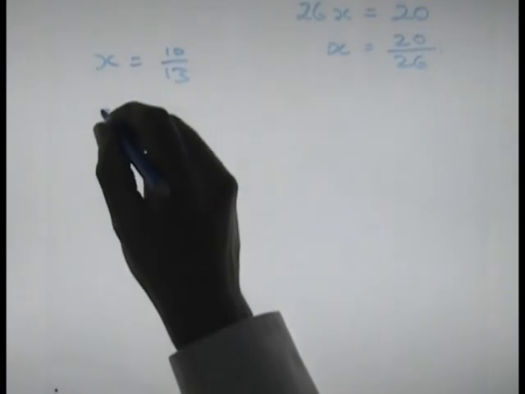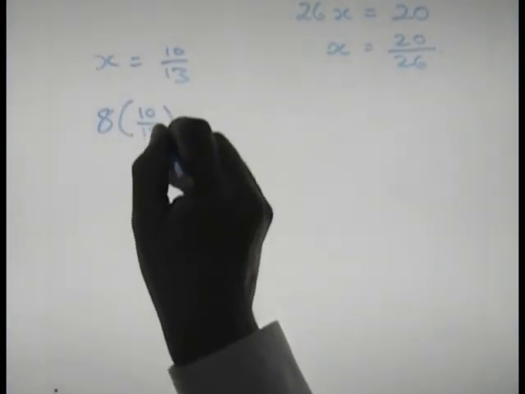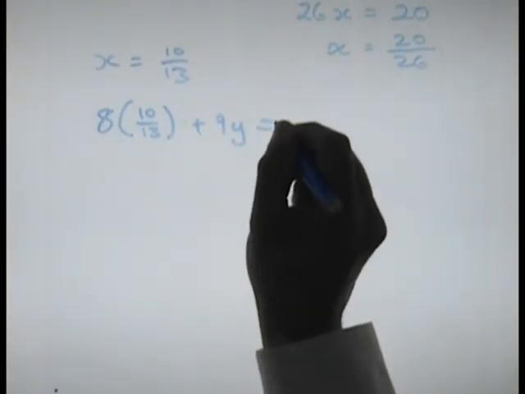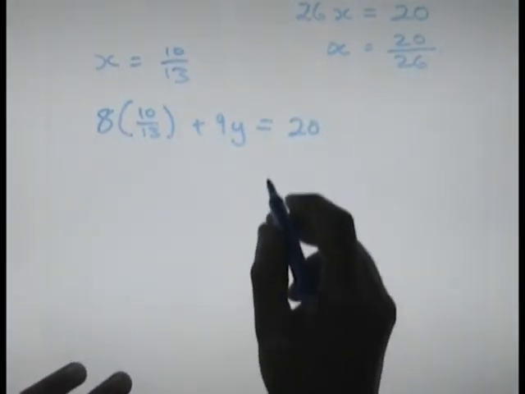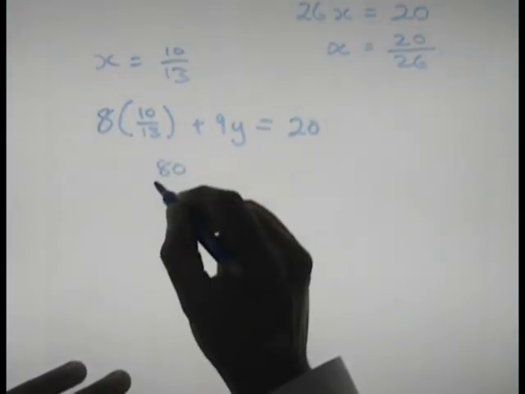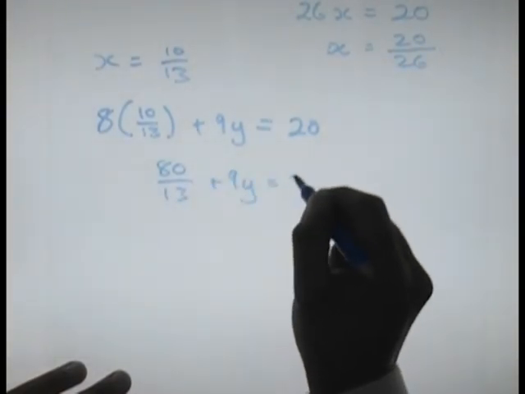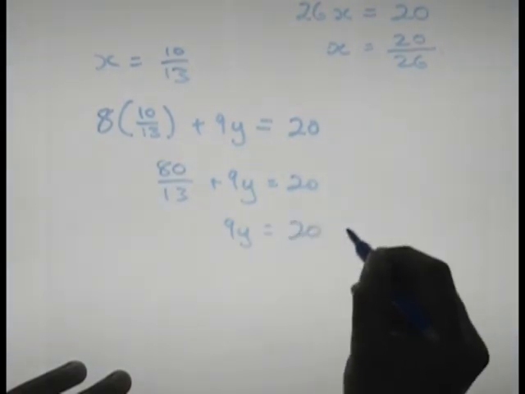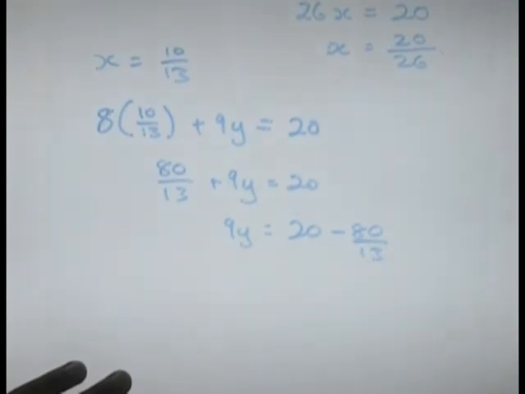That will become 8 multiplied by 10 over 13 plus 9y is equal to 20. This will become 80 over 13 plus 9y is equal to 20. 9y is equal to 20 minus 80 over 13.